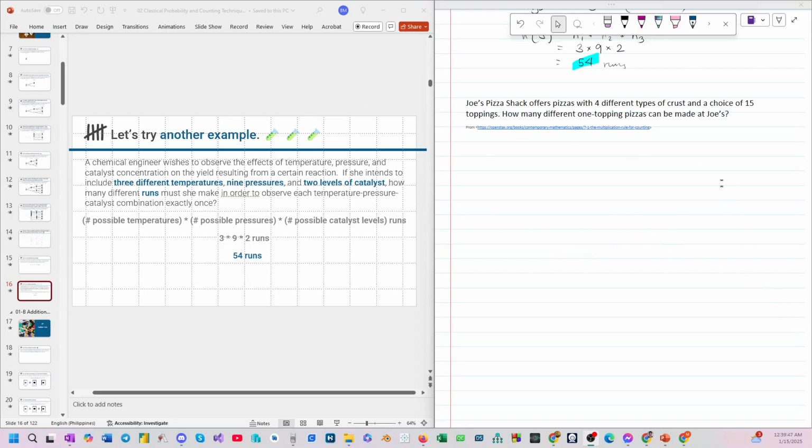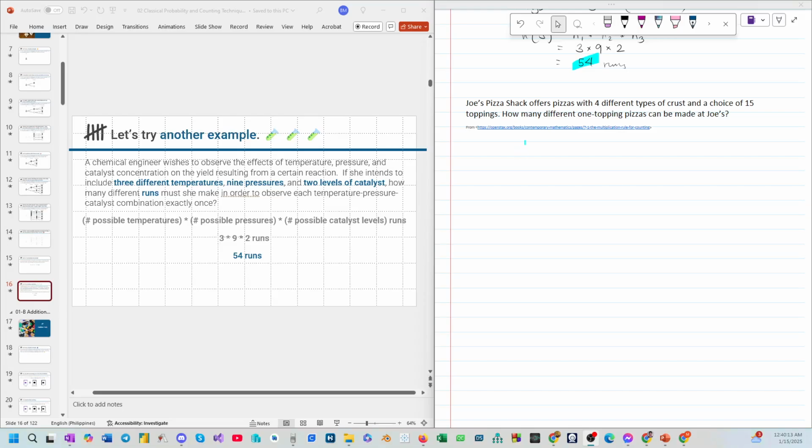So Joe's Pizza Shack offers pizzas with 4 different types of crust and a choice of 15 toppings. Madali lang to, no? How many different one-topping pizzas can be made at Joe's? Madali lang yan.